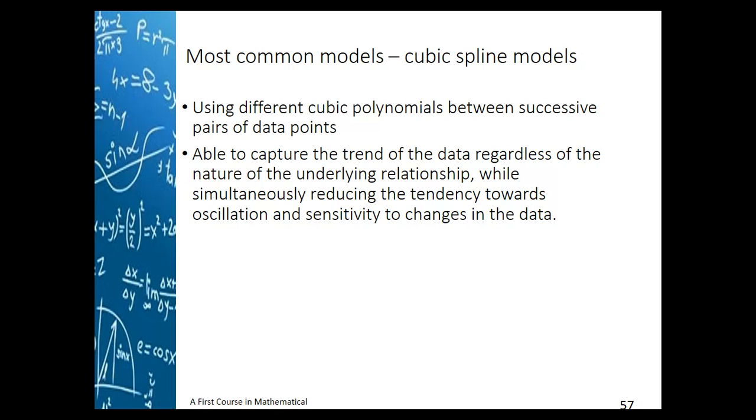The idea is that by doing this, you are able to capture the trend of the data, regardless of the nature of the underlying relationships. And at the same time, you don't have a problem with oscillation. Because if you notice in the previous example, oscillation happens, sometimes at the end of a prolonged stretch of time, when you leave it alone and then suddenly it oscillates.